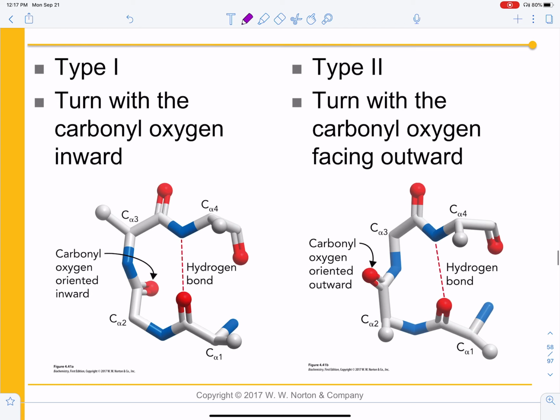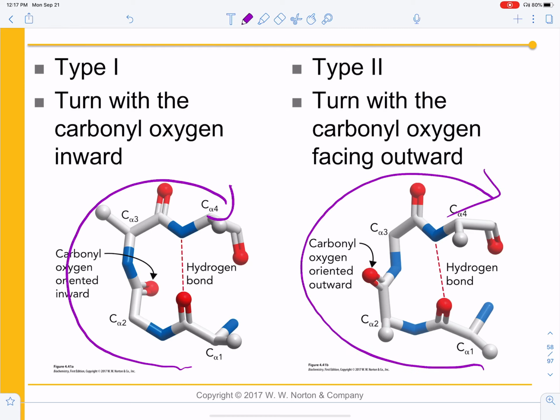So there are two types, and I'm not going to get too wrapped up in the details, but note here, you're able to make this turn within 4 amino acids in both of them. And in order to do that, you need a special amino acid in position number 3 of this turn that allows for some either flexibility or rigidity to make that quick turn, right?